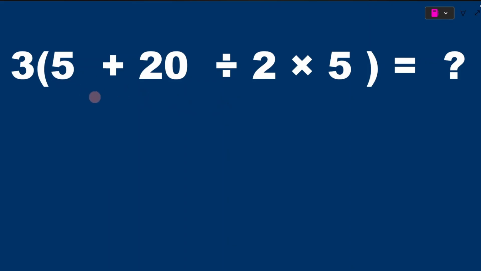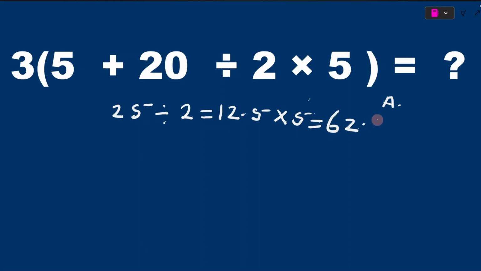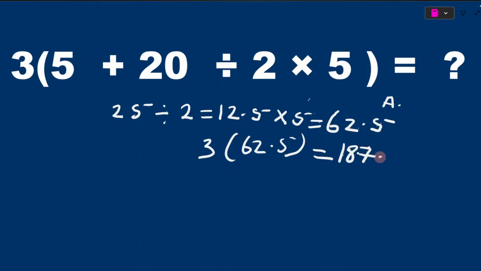Let's call the first group of people that will solve this group A. This group of people have some knowledge about order of operation, but they will quickly rush in doing that. First of all, they have to solve the parentheses. So they will solve the parentheses first, 25, after which it divides by 2 to give 12.5, after which it will multiply by 5 to give 62.5, after which it will be multiplied by 3, 187.5.